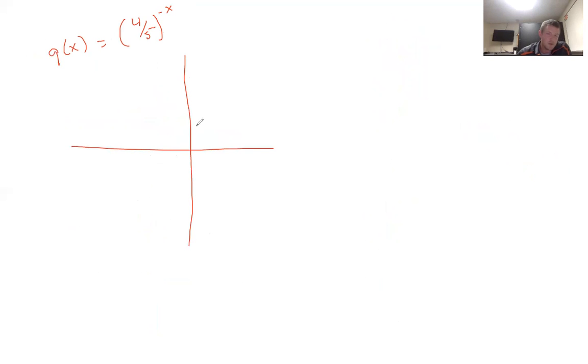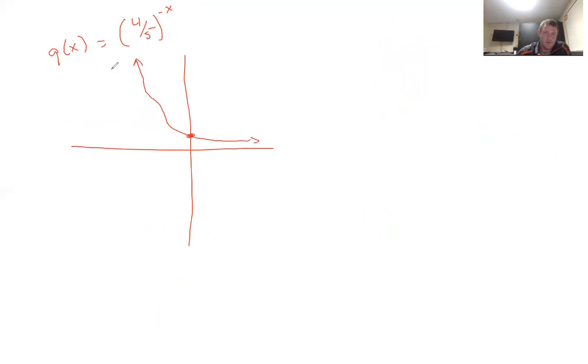So when the question arises and we have q of x is equal to 4/5 to the negative x, and we have to graph this, or we have to pick a graph. The first one goes through 0, 1 and goes down like this.